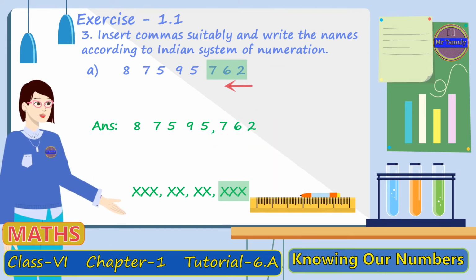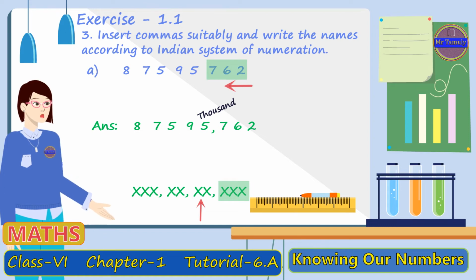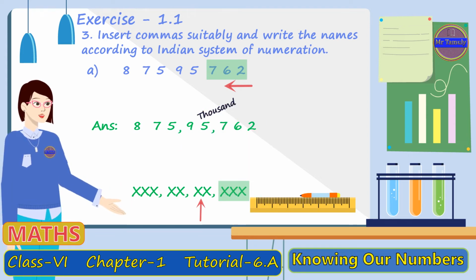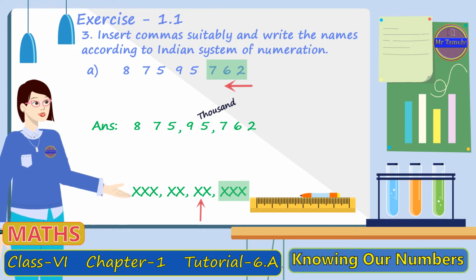The second comma is to be placed after the next two digits. As you know, these two digits, that is the digits in the fourth and the fifth positions, have the name thousand. In our number, the fourth and the fifth digits are 5 and 9. So let's place a comma after 9. Together these two digits, we shall call them thousand.